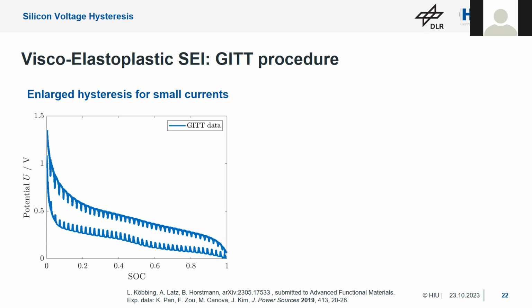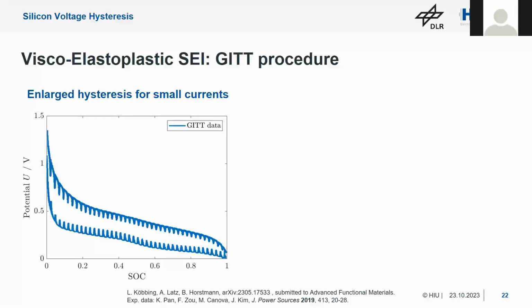And looking a bit deeper, one can also now look at the timescales of relaxation and what actually the OCV is. So the data I've just shown you on the other slides, that was GITT data. So we got the OCV by at every SOC waiting until we reach kind of equilibrium of the voltage, some steady state of the voltage.